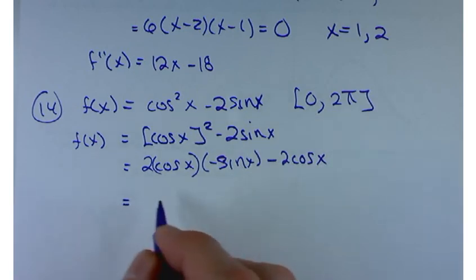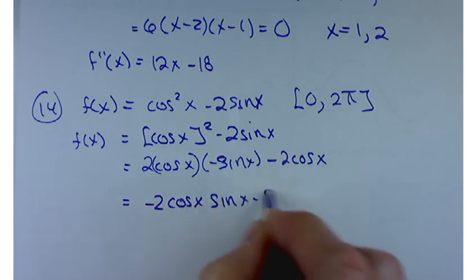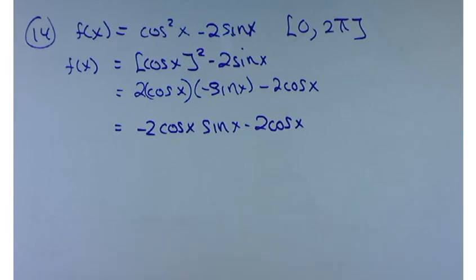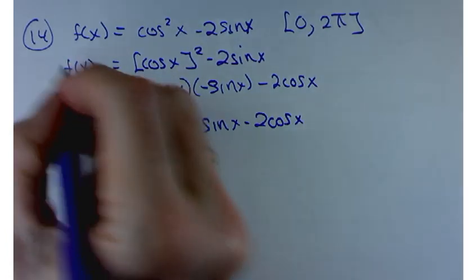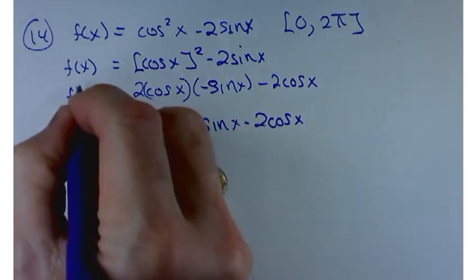So if I clean this one up, it's going to be minus 2 cosine of x sine of x minus 2 cosine of x. All right, so that's f prime of x.